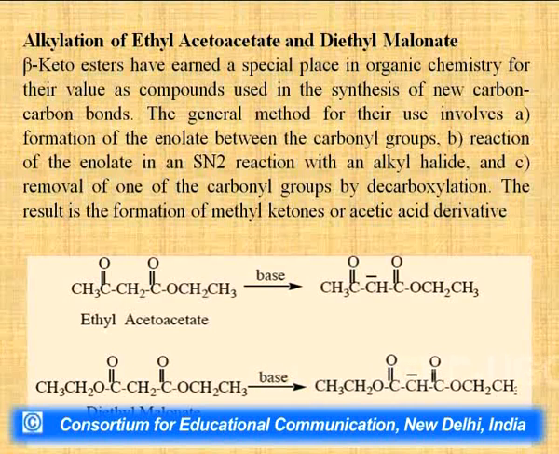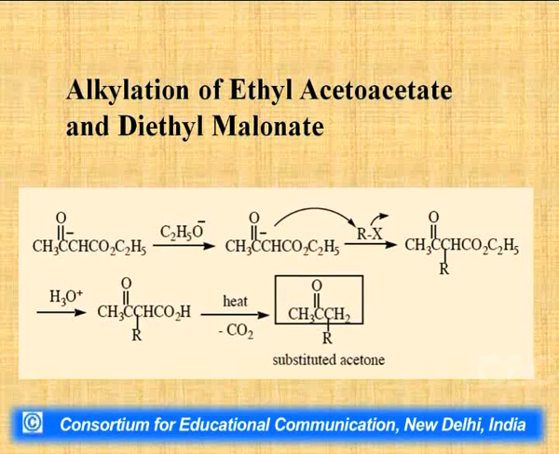So here the base will abstract the proton from the central hydrogens only and we get a carbanion. This carbanion will attack another molecule and alkylation will take place. You can see in the reaction that C2H5O negative is the ethoxide ion.